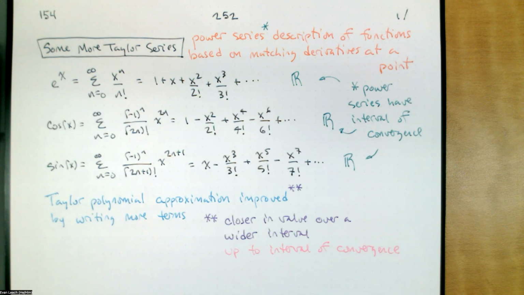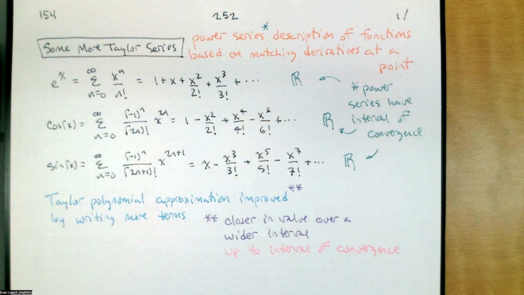The idea is that the Taylor polynomial approximation is improved by writing more terms. Using a higher degree polynomial approximation, we get closer to the value of the function over a wider interval, and this works up to the interval of convergence. So we will get values that are closer, and the approximation will work on a wider interval.